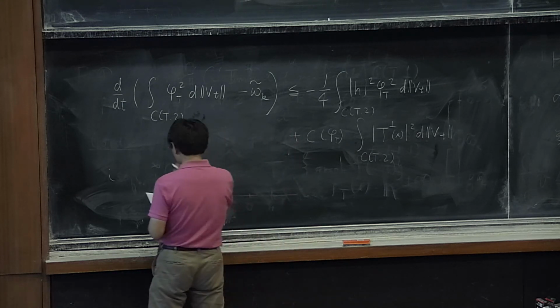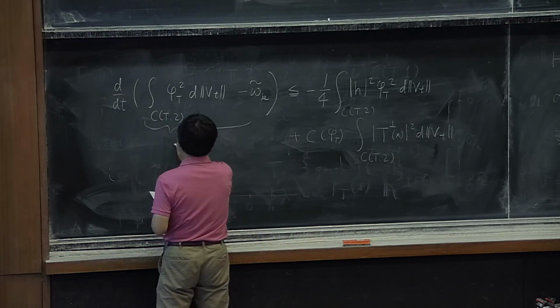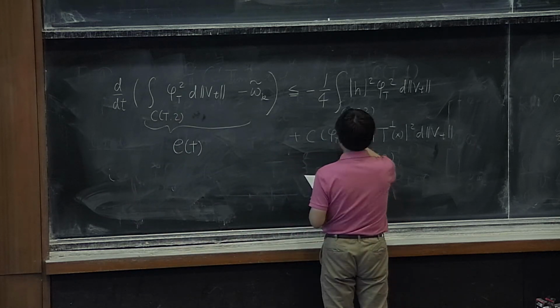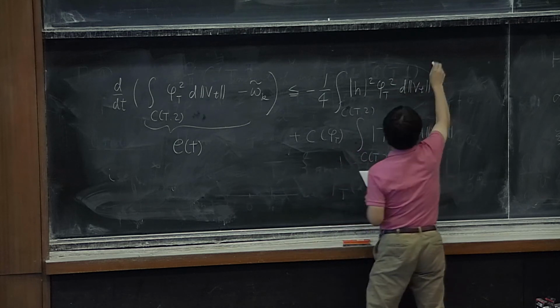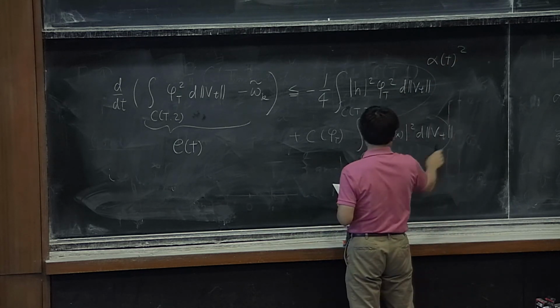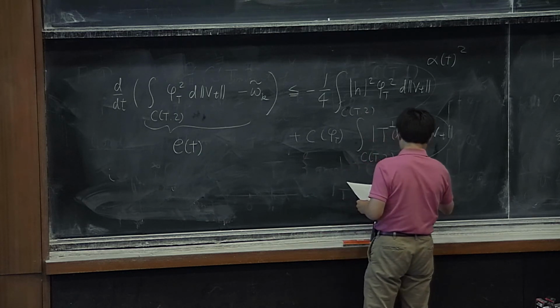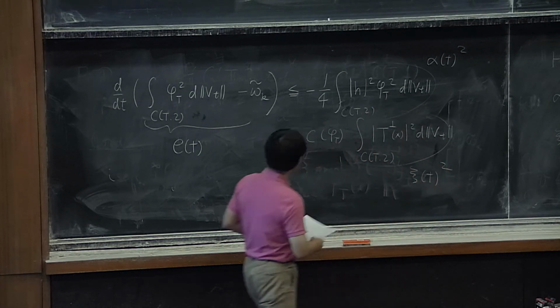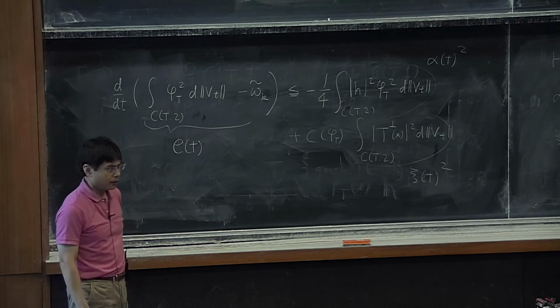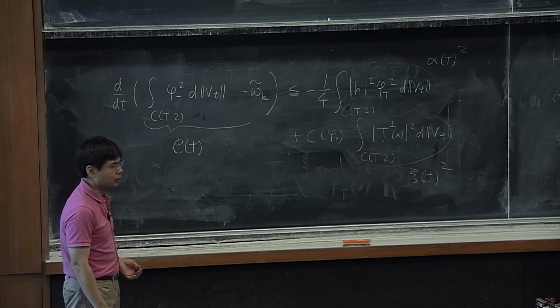Now, let me call this ET, let me call this alpha t squared, and let me call this ct squared. So you have this differential inequality as a result of Brakke's inequality.